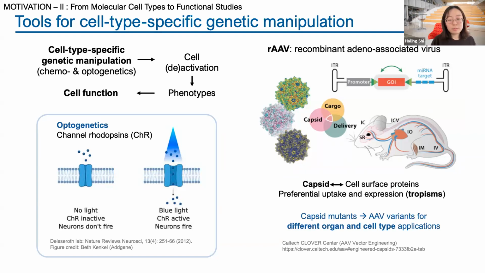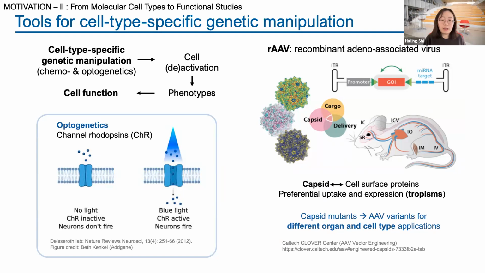A nice aspect about this virus is that, depending on the specific capsid protein, the surface protein of the virus, and the interaction with the surface protein from the cells, there can be preferential uptake and expression of the virus in different cell types and tissue regions.